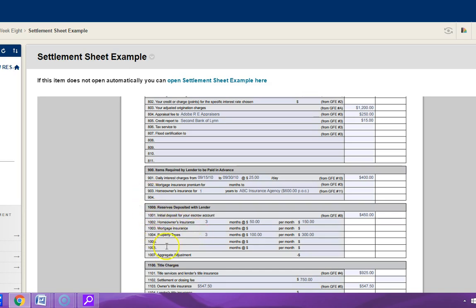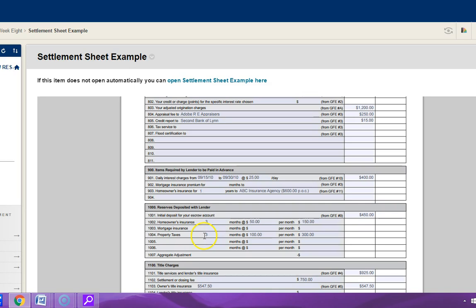In the thousands, the lender wants you to deposit with them certain reserves. That's money you're not paying, but you're just letting the lender hold for you. And one of the things the lender will want to hold, they don't always hold it, but they like to hold it, is property taxes to cover the next quarterly bill that's coming out.